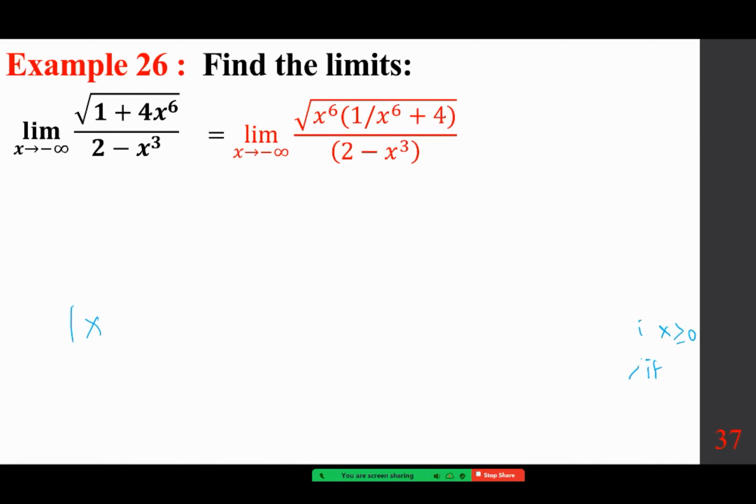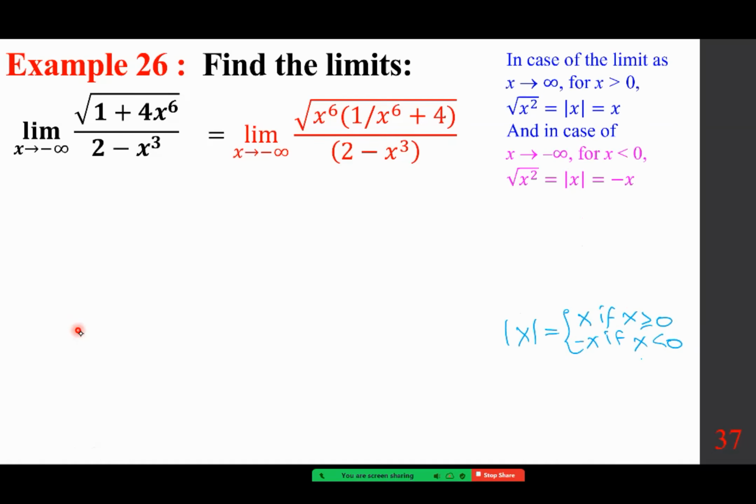So absolute value of x is x if x is larger than or equal to 0, minus x otherwise.